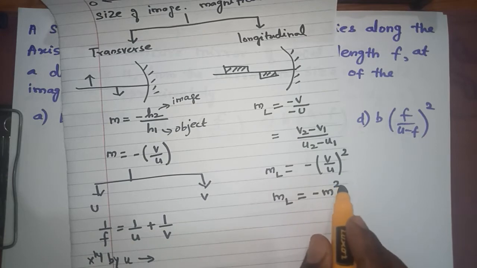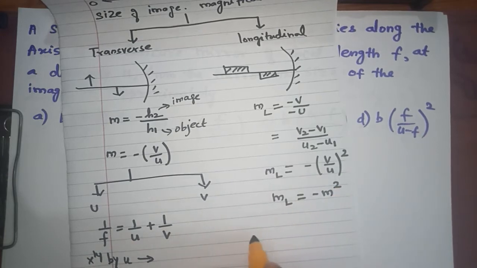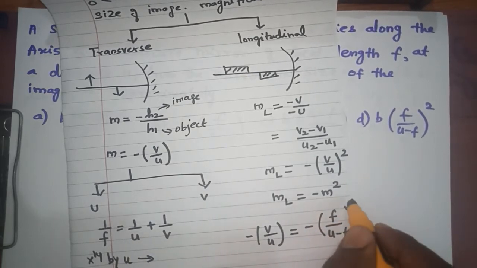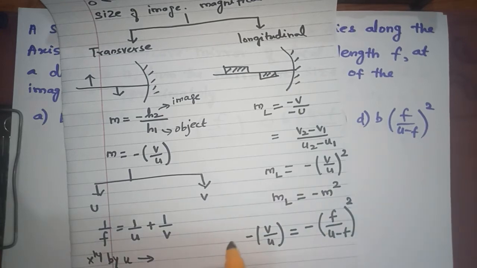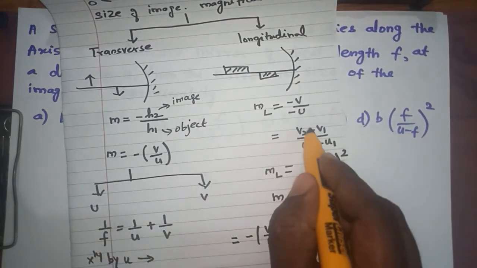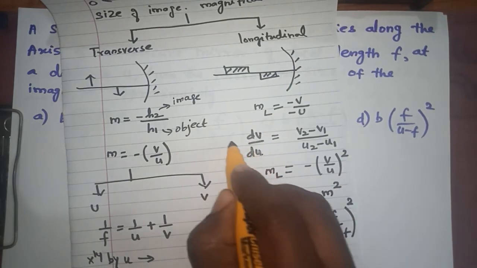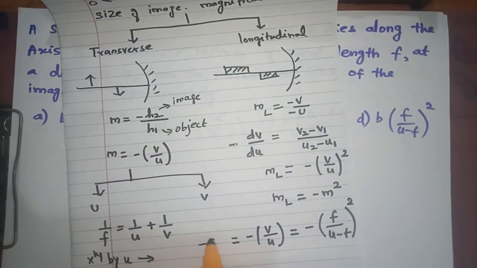Whereas here, for the longitudinal, the formula is minus v by u, which is equal to minus f by u minus f to the whole square, right? So this change, which I call dv by du, is minus dv by du, which is equal to minus of v by u.